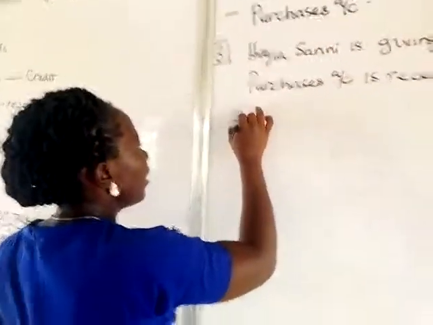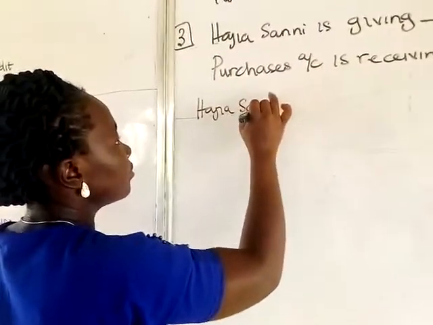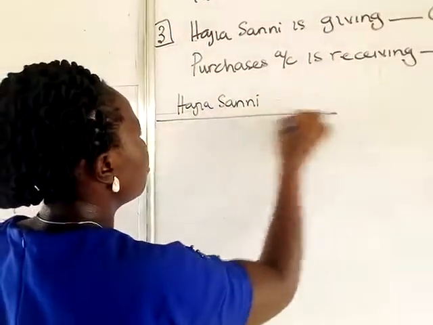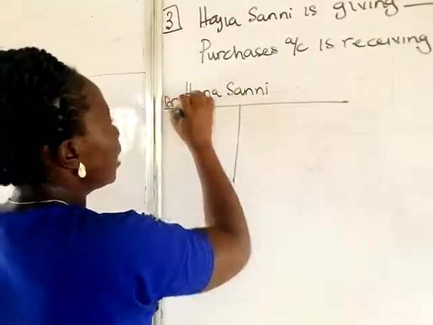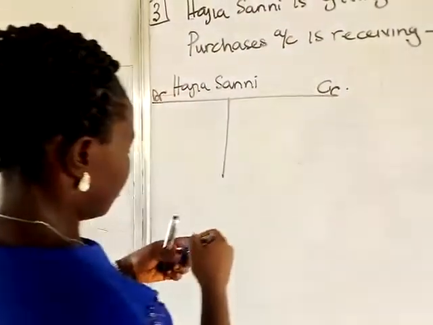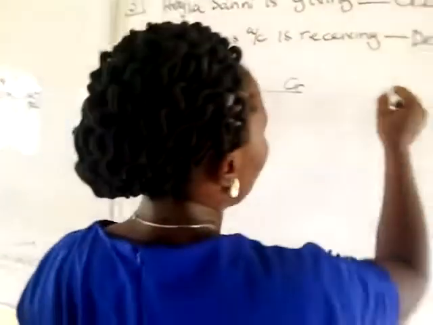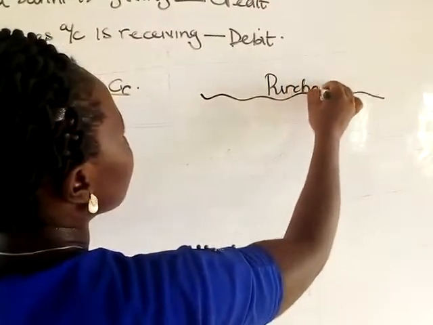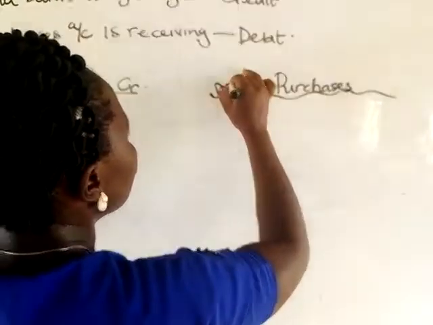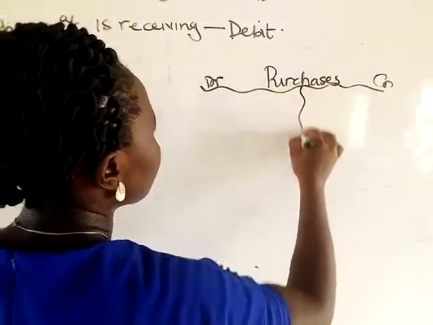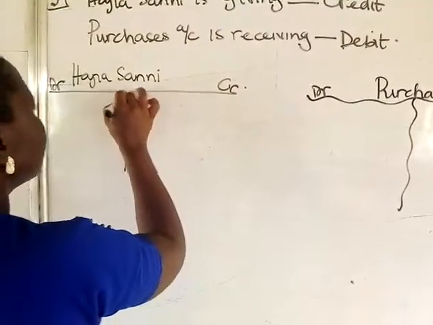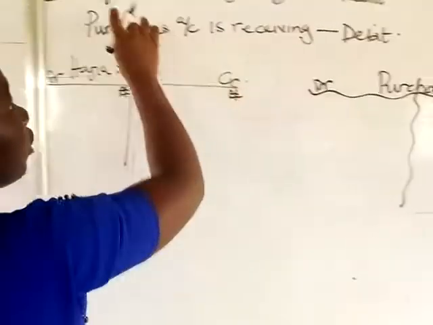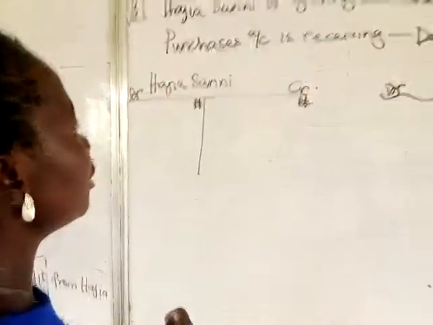So I have Haja Sunny, short form of my ledger, debit to the left, credit to the right. I have purchases account, debit to the left, credit to the right. My naira symbol. So from our analysis, we said Haja Sunny is giving.